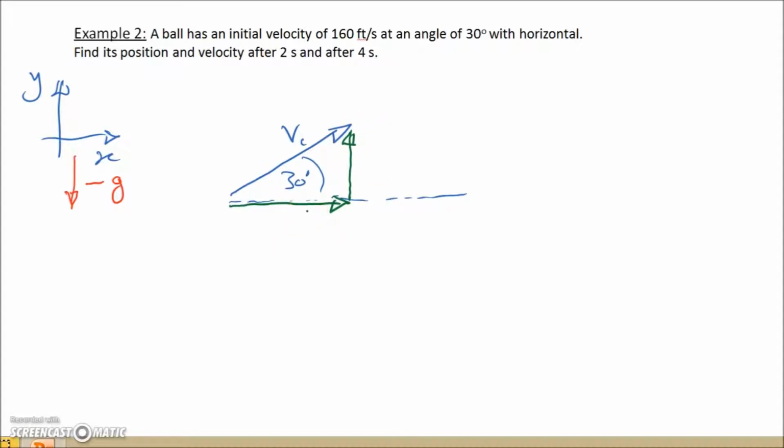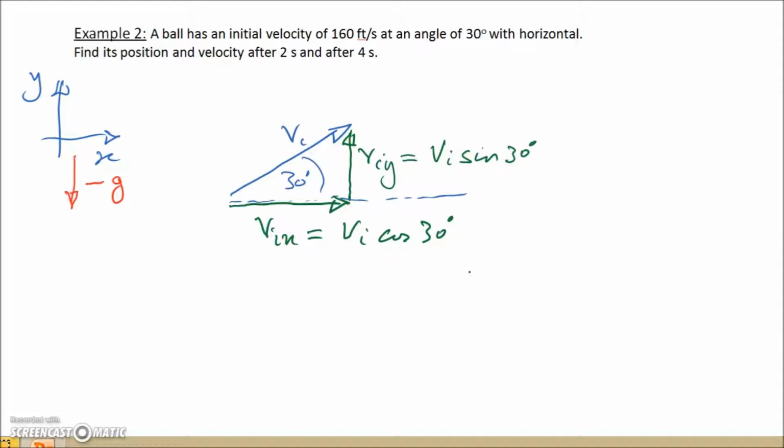The horizontal component we'll call VIX, and the vertical component we'll call VIY. Okay, so magnitudes, VIX will be equal to VI cosine 30 degrees, and VIY will be equal to VI sine 30 degrees.